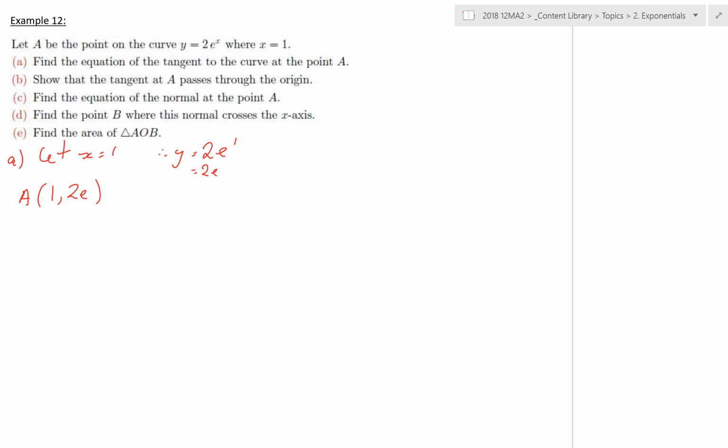y minus y1 equals m into x minus x1. There's my x1 and my y1. That's good, but I need the gradient, which is, of course, the differential at that point. So let's say f(x) equals 2e to the x, therefore f'(x), the differential of that, is equal to 2e to the x.